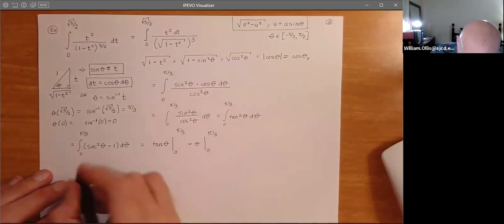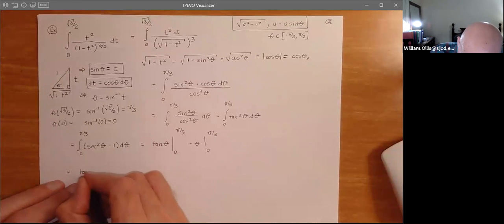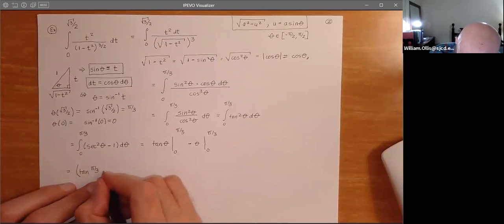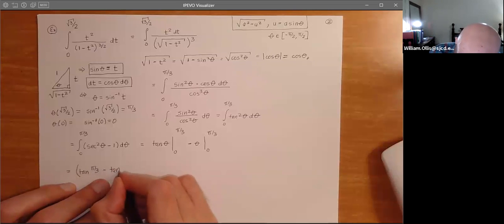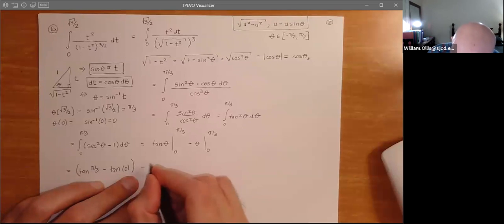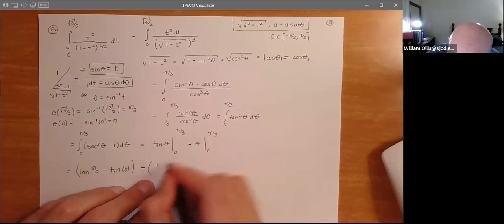Doesn't matter. So now we get what? Tangent of pi over 3 minus tangent of 0. And then we have minus theta, so we have pi over 3 minus 0.